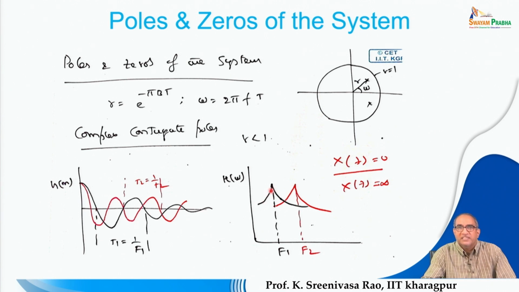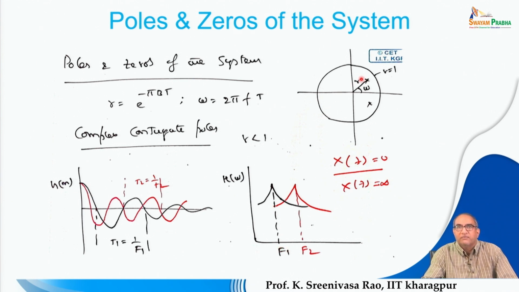It means the energy will be concentrated within a very small range of frequency around f1, and if the bandwidth is large, this peak is not sharper, the peak is somewhat flatter. So the peakiness of this formant, or the width or the frequency range at f1, is indicated by the bandwidth, and f1 basically indicates the frequency.